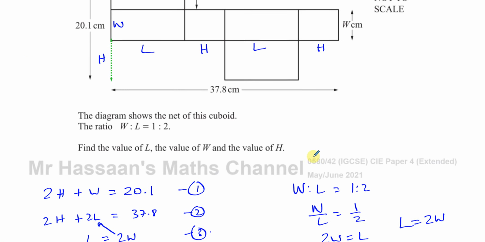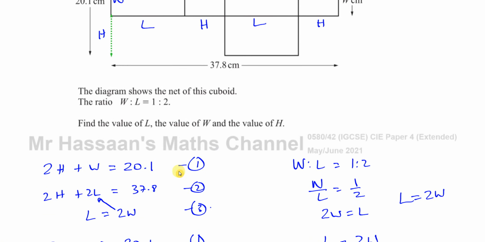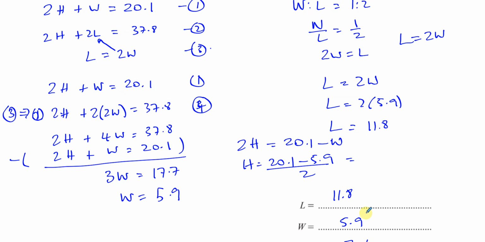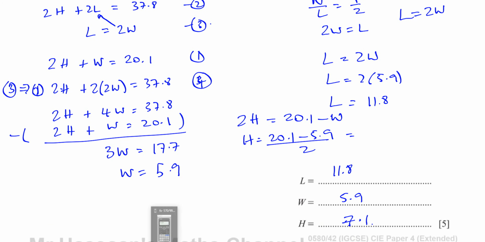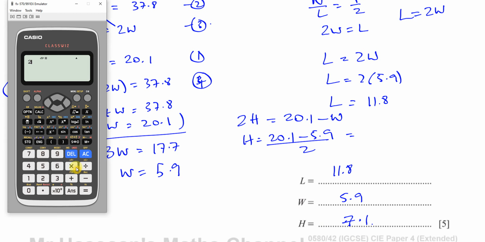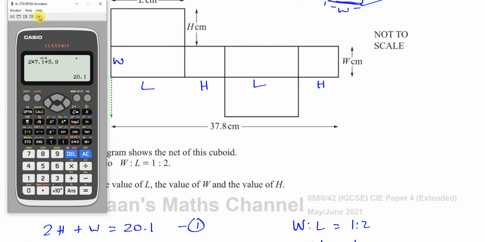We could test it out to see if it works. Let's see, 2h plus w: 2 times 7.1 plus 5.9 gives us 20.1, which is correct.